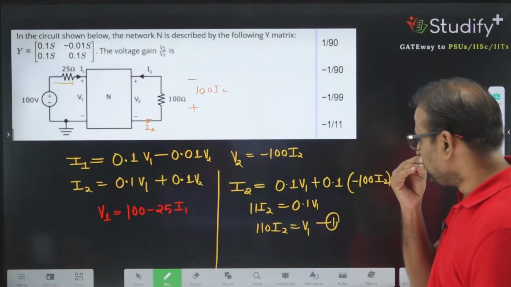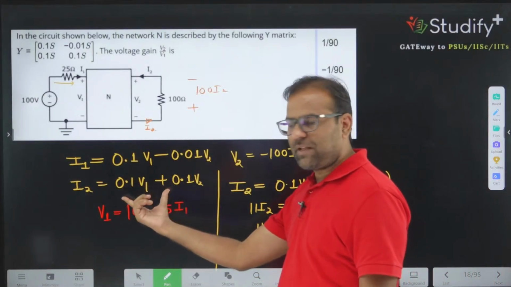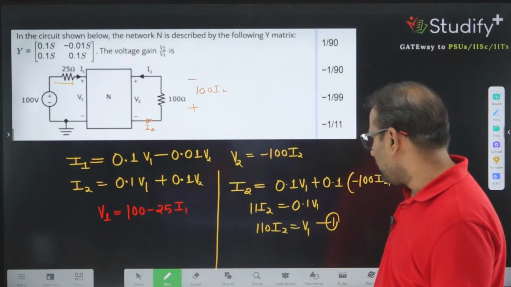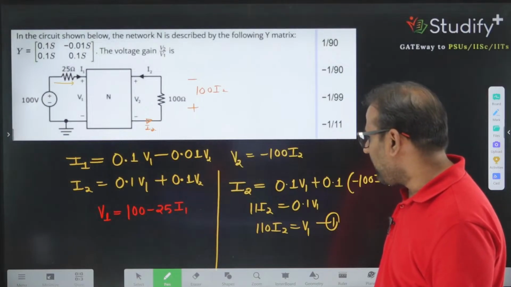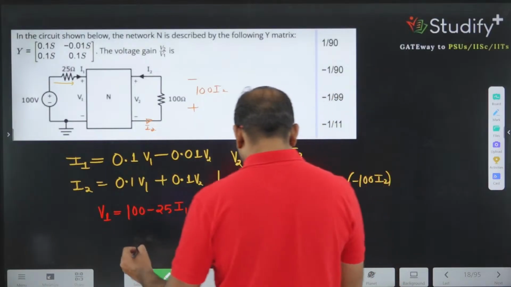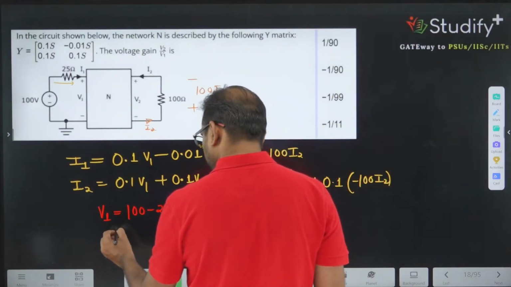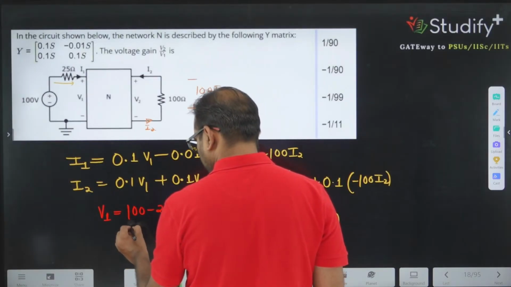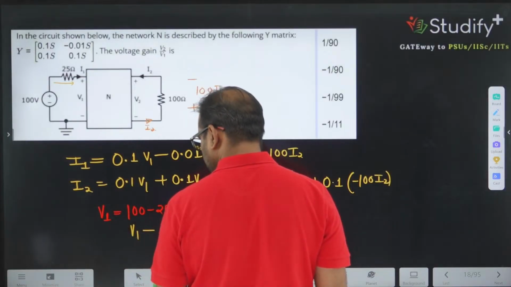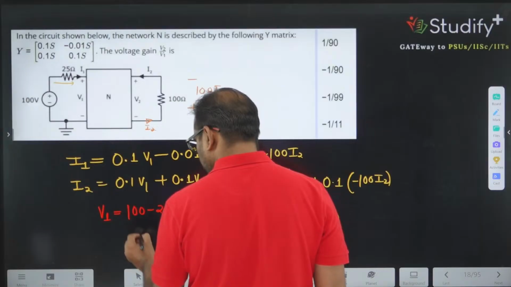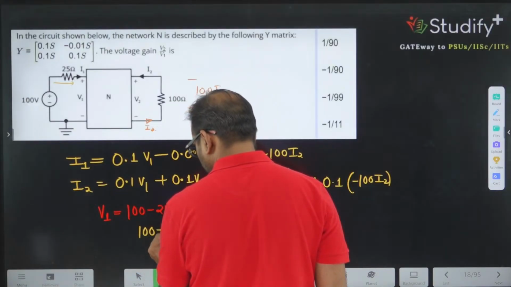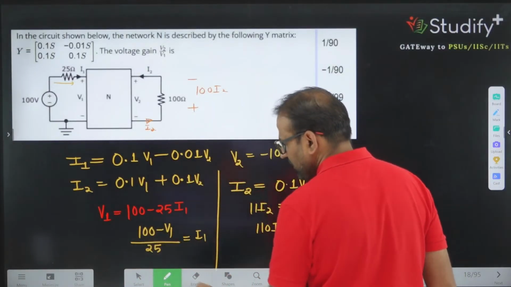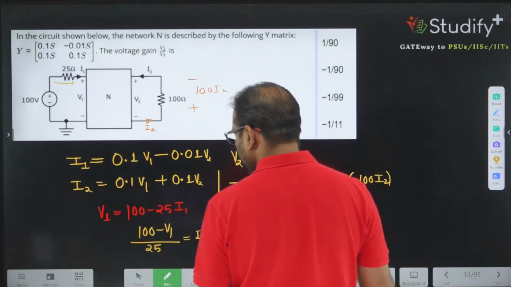Okay, fine. You can put this value here. V1 and V2 are needed; I1 is not needed. So you can put this value here: 100 minus V1 divided by 25 is I1. And I can put this value into equation number 1.